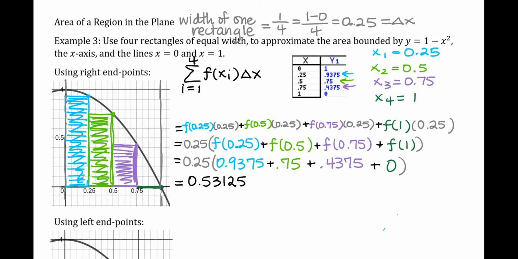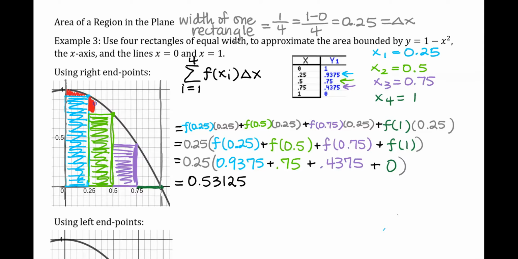Now, before we go on to look at the left endpoints, would we say that this approximation is more than the actual area or less than the actual area? Well, we can look at this sketch here of the graph and see that this is an under approximation, because there's a lot of area under here that this is not picking up.